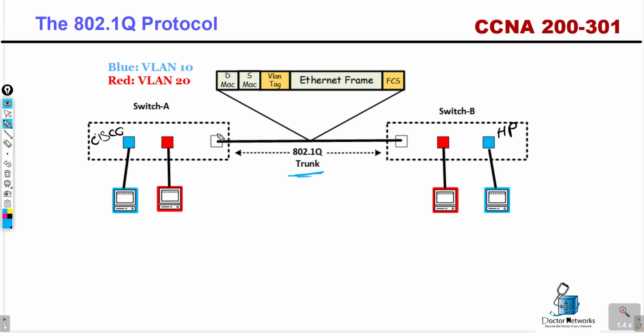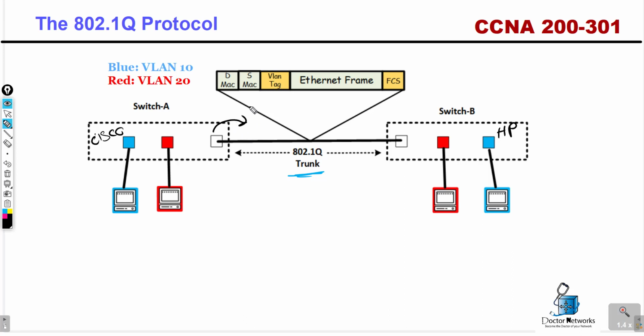as I'm sending the packet out. As I'm sending the packet out like this, I basically insert a tag of the VLAN number that tells the other switch, hey, you have to send this frame, this packet, or this broadcast message towards that specific VLAN, which in our case may be 10 or 20.